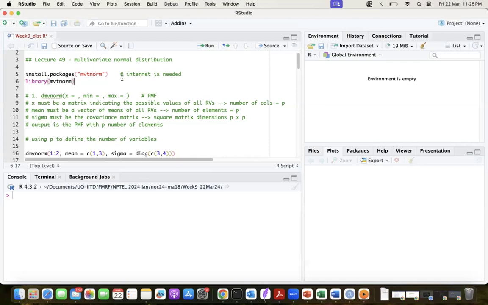You now can use commands from that package. But every time you open R or RStudio, you might not need everything that's on your computer. Let's say today you worked on something, and 1 year later you may not need it, but you still have it on your computer.